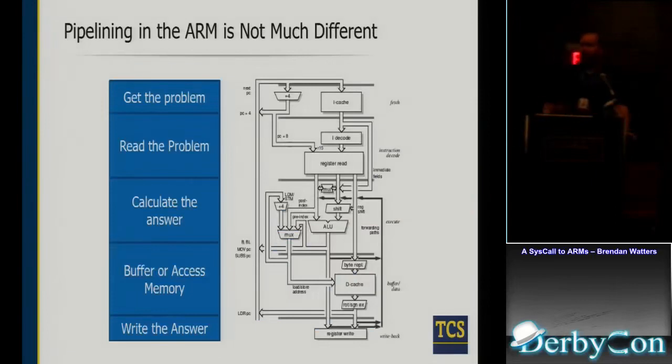Frankly, ARM is just the same way, at least the early ones. You can see basically that this is split up into 4 sections. You've got getting the problem, reading the problem, calculating the answer, then writing back the answer. This is an early 4-5-stage pipeline.